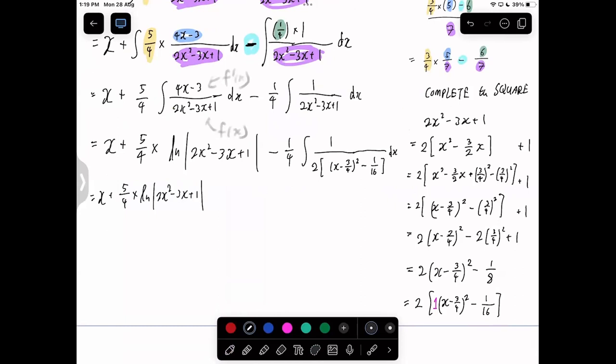And then minus 1/4 of, oh wait, there's a 2 here, so it's 1/2. Factor out, I get 1 over 8. Maybe I do it step by step: 1 over 4 first, then times 1 over 2, then times the integral of all of that without the 2. I took out the 2, which is actually a half. Is that okay?